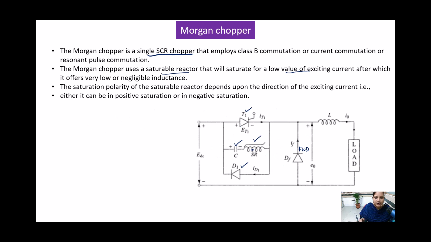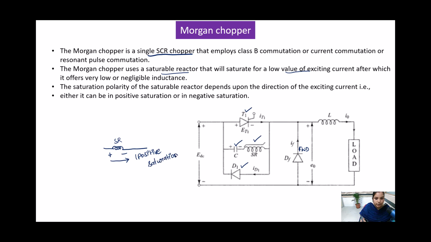So first we can explain what this saturable reactor will do. This is your saturable reactor, which we represent as SR. If I am giving the polarity as plus minus, then the current will flow like this. This will be considered as a positive saturation mode.